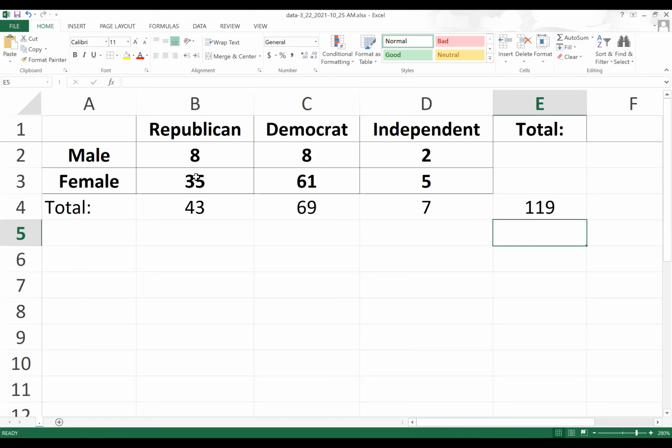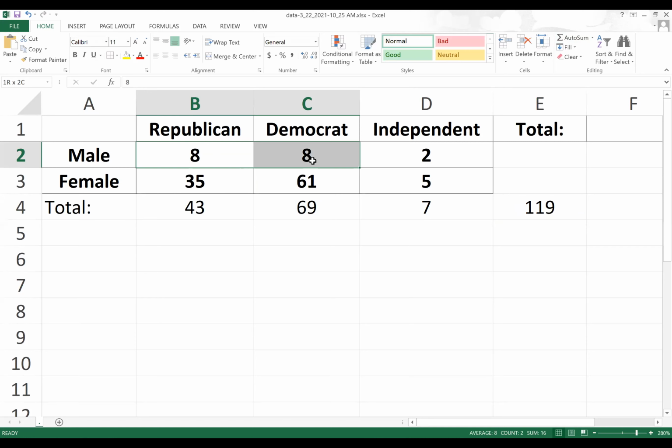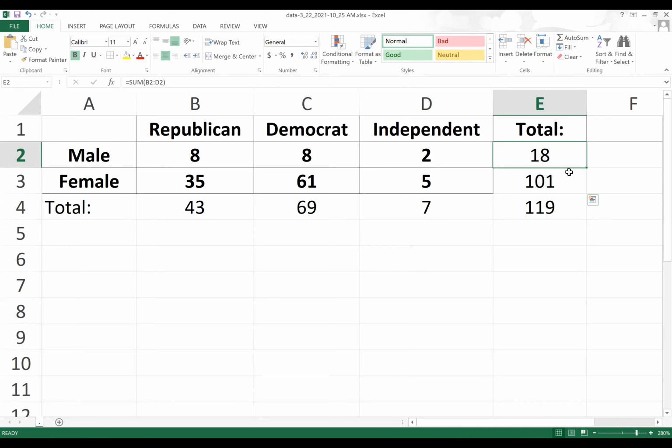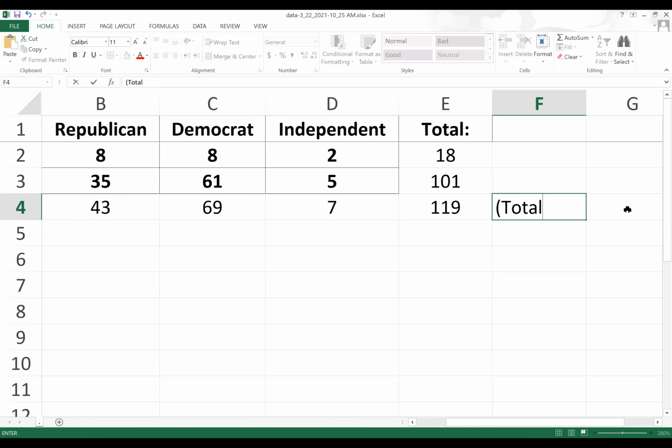And if you sum up the first row, adding 8 and 8 and 2, that's the total male politicians, 18. And the female politicians, adding these, you get 101. Adding 18 plus 101, you get 119.